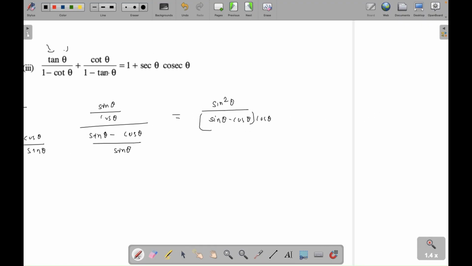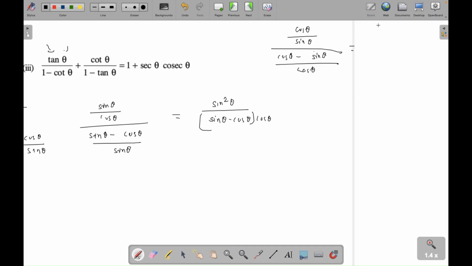Right? Similarly, if we solve for this part, we'll get cos theta upon sin theta upon 1 minus sin theta upon cos theta. So this will be cos theta minus sin theta, if we simplify by taking the LCM, upon cos theta. Right? Any doubt?